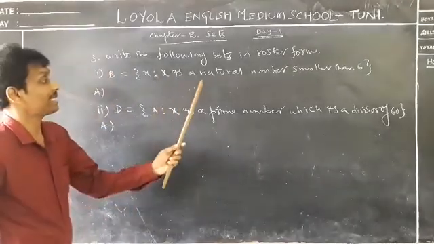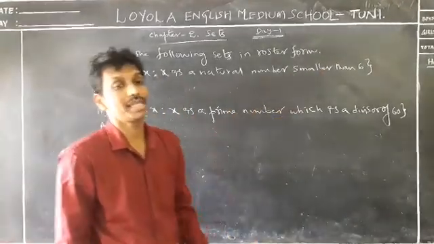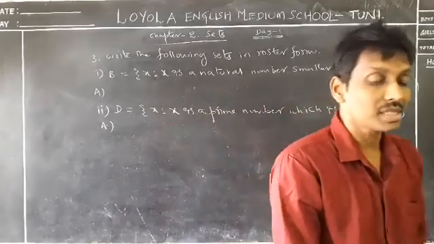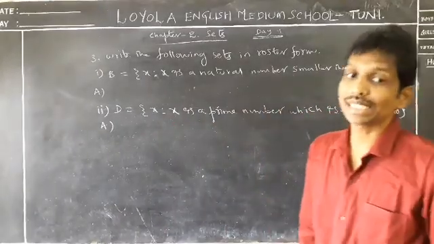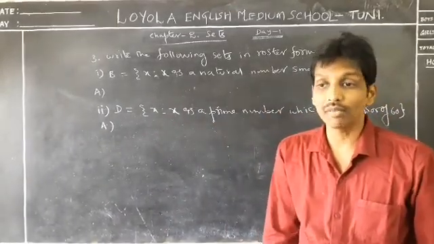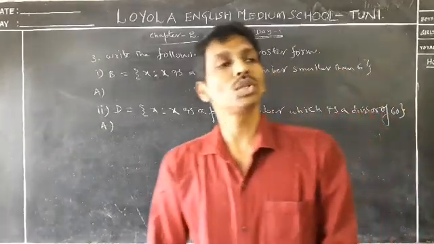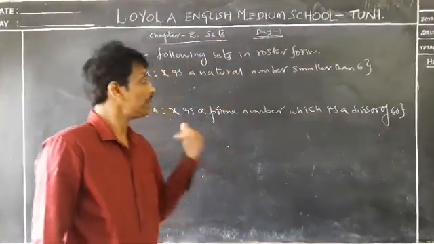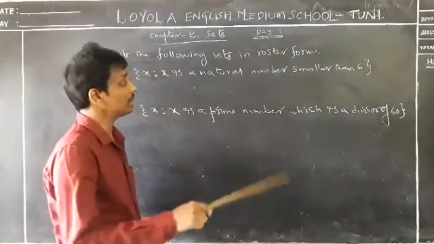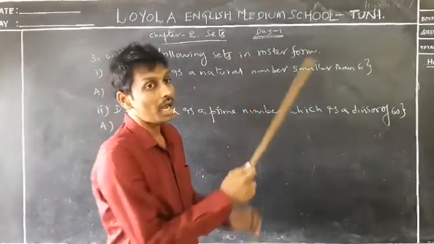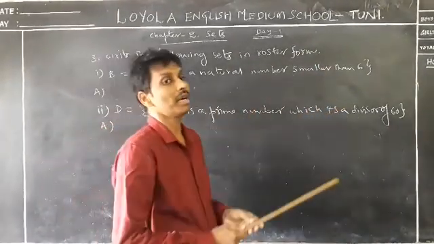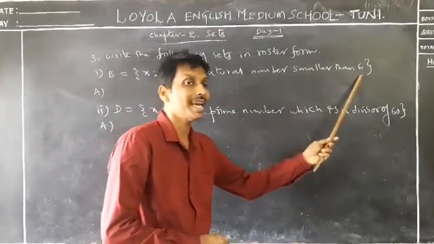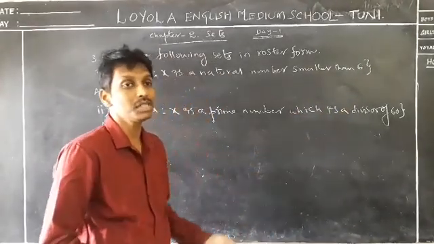See, X such that X is a natural number smaller than 6. What are the natural numbers? It is nothing but counting numbers, starting from 1: 1, 2, 3, 4, 5, 6 and so on. But among the natural numbers, smaller than 6 means before 6.